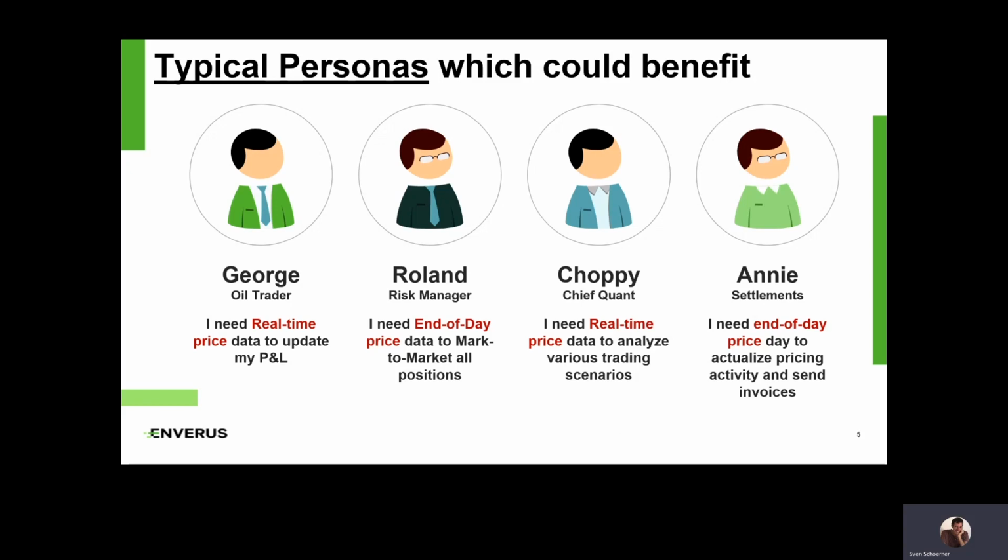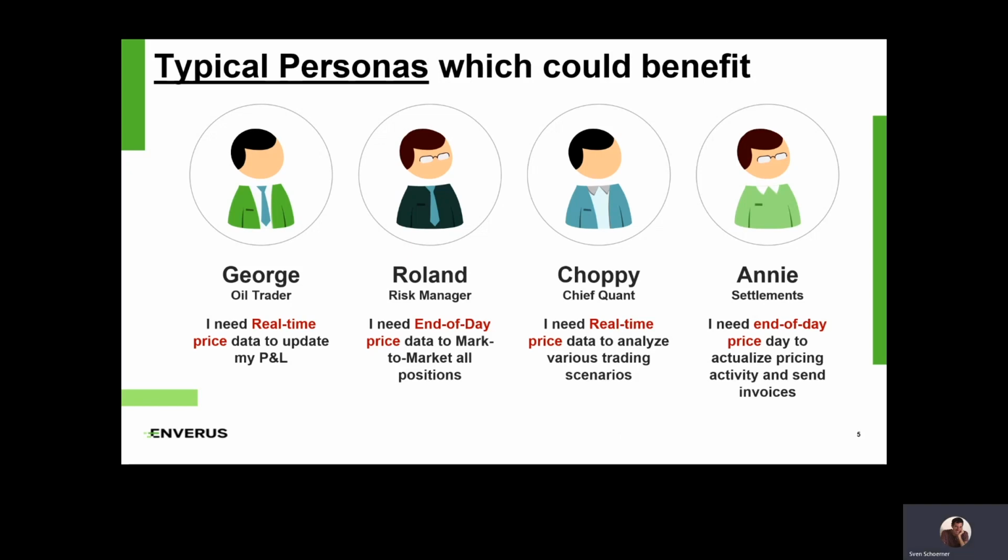In the analysis area, here Choppy, the quantitative analyst, in this example, might run a model in Python or something like that, where he's doing price forecasting, price calculations, any kind of modeling that requires prices as input. There again, an API could just be an interface that pulls the data from MarketView, and there's no manual process involved.